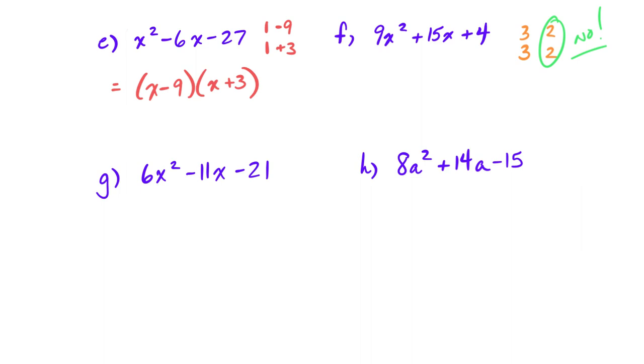Okay, why? I just want you to look in your chart for a second, and I'm just going to get rid of that green. I want you to look at what happens when we multiply across. You're going to multiply 3 by 2, and that's going to give you a 6. You're then going to multiply 3 by a 2, and that's going to give you another 6.